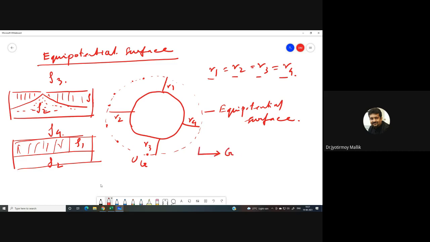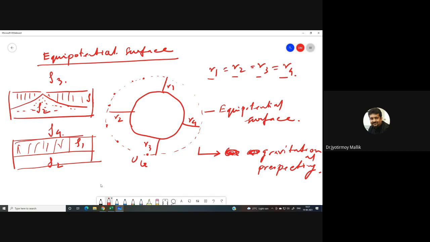This is what we will use as a guiding principle for our geophysical prospecting, in this particular case, gravitational prospecting. How, we will see later on. This non-equal distribution of mass.